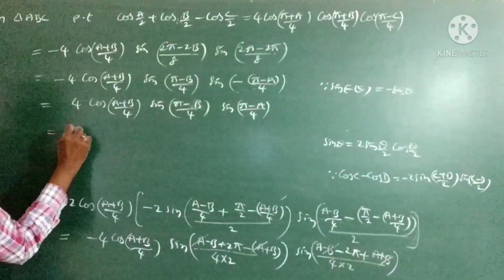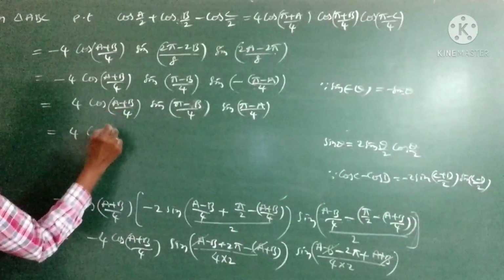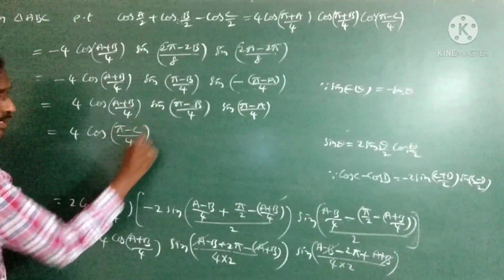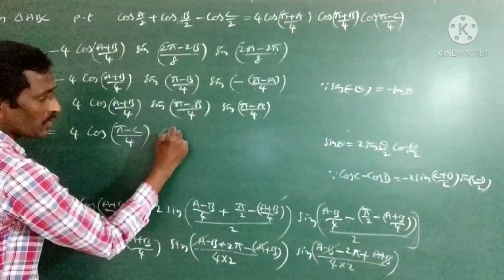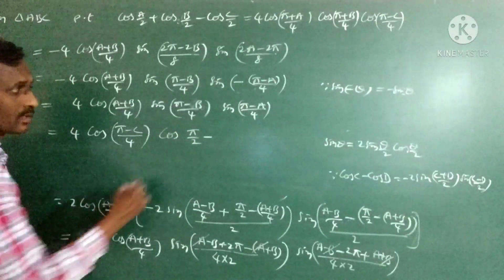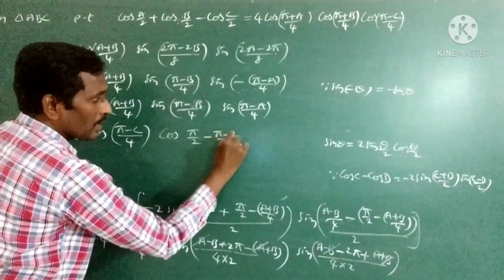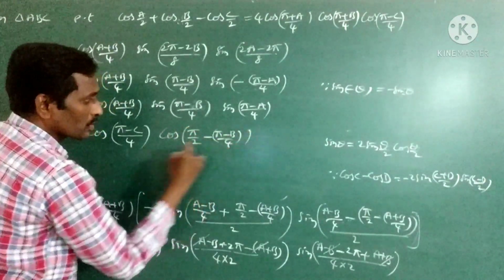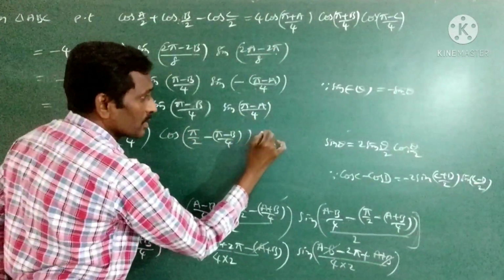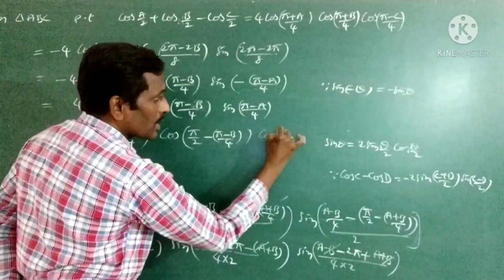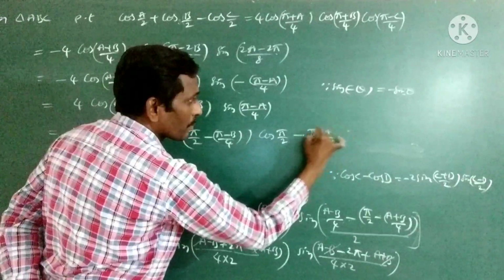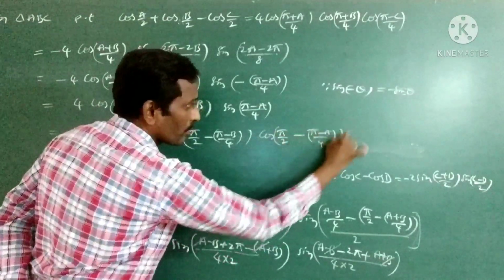So that 4 times cos of A plus B we can write as a pi minus C by 4 as it is. This cos function you have to get. So that I am going to write 90 minus function cos pi minus B by 4. So cos 90 minus becomes sine function. This also we have an answer cos. So that I am going to write this also. Cos function 90 minus pi minus A by 4.